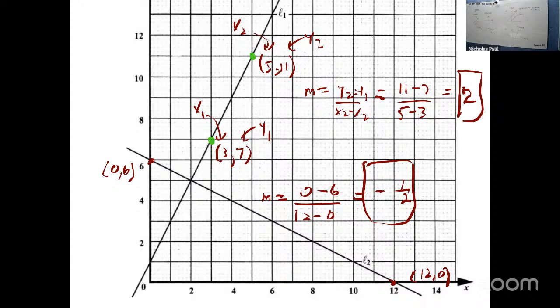How do you know they are perpendicular? One is the negative reciprocal of the other. Here's how you know: if you multiply both gradients, what is 2 times minus a half?